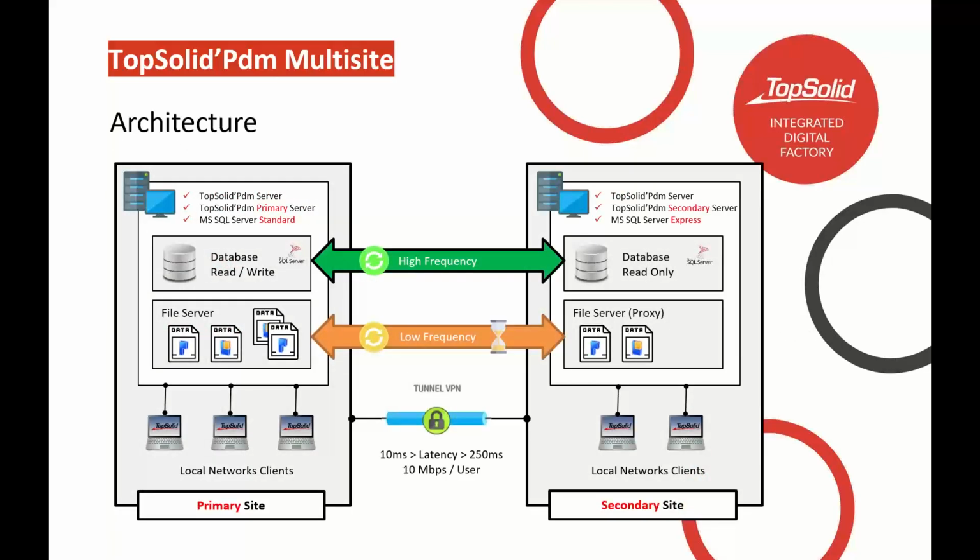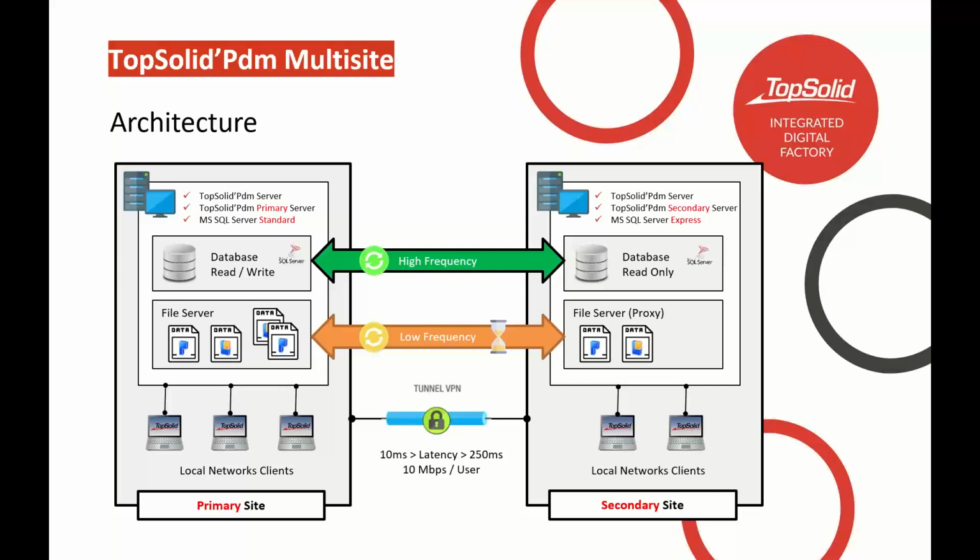We take a look at some of the architecture. The high frequency objects here is the database, right? So as you can see here, the object on the left is your primary site. The object on the right would be a representation of a secondary site. You still have your PDM server licenses. You still have your secondary server licenses. On the primary site, you do need to have a full SQL server, at least standard version.